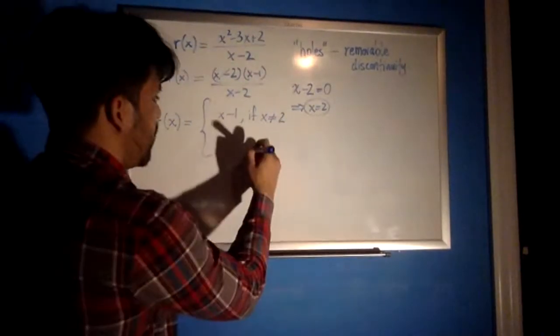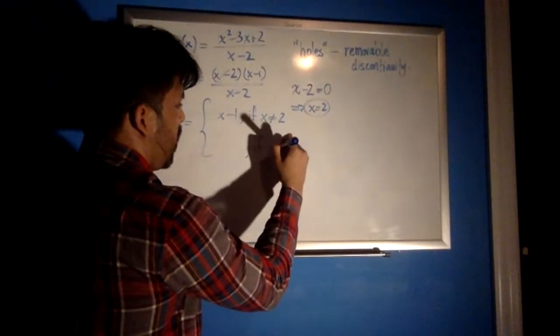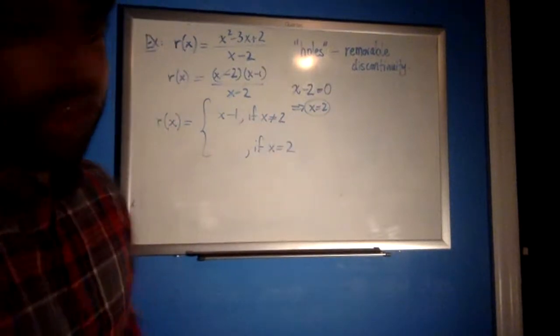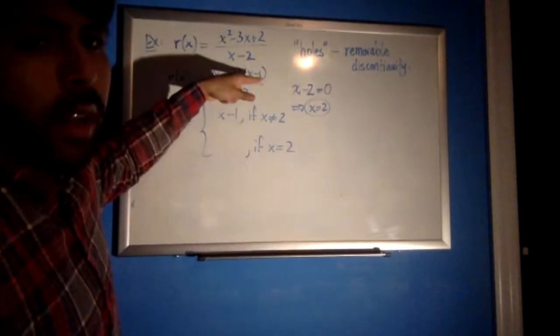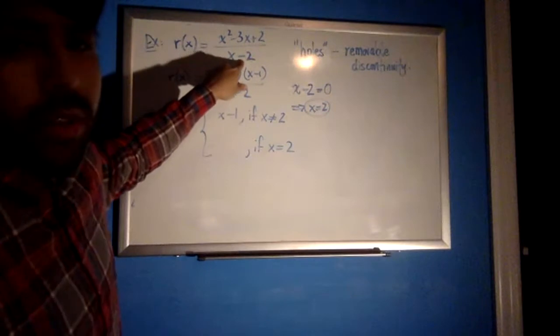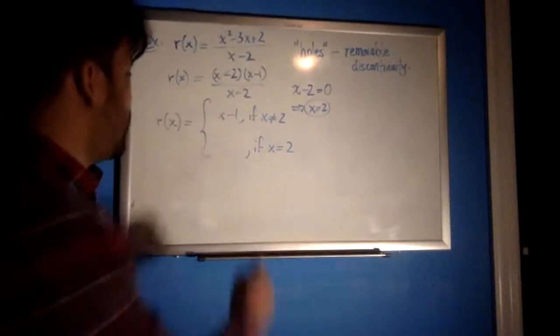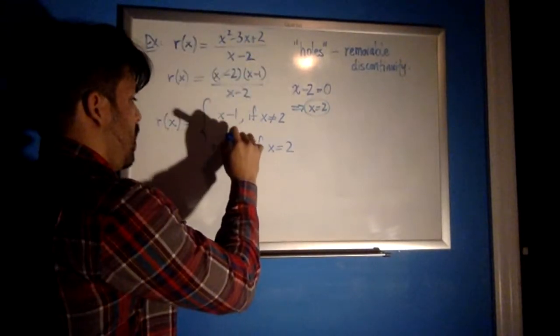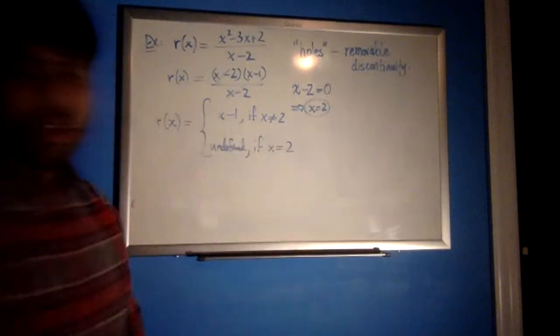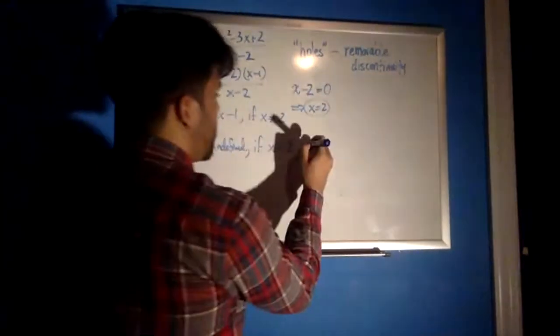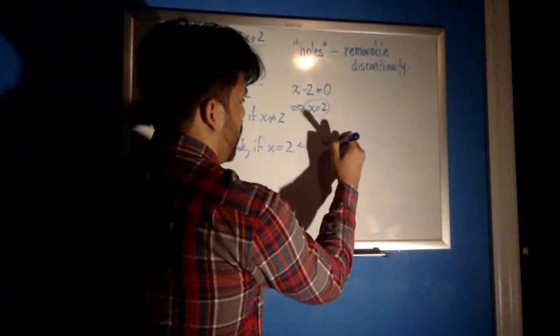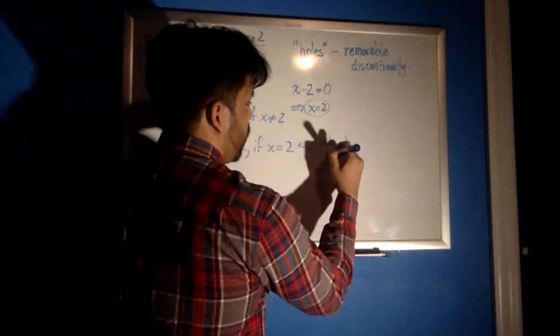But what if x does equal 2? What's the problem with that? If x does equal 2, then my denominator equals 0, and my function is undefined. That means that at this point I have a hole at x equals 2.